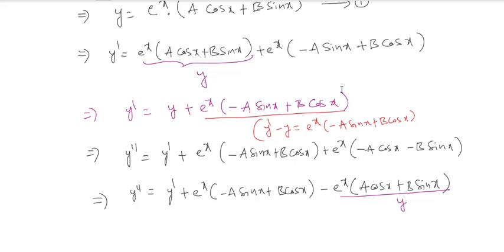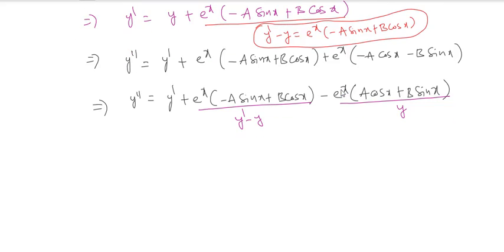I am just using that result here. Okay, don't get bothered. So e power x into (minus a sin x plus b cos x) I can mention as y dash minus y. Now if I replace all those, I will have y double dash equivalent to y dash plus (y dash minus y).